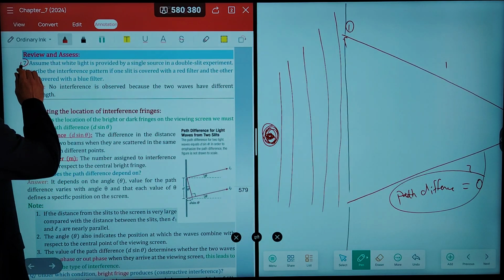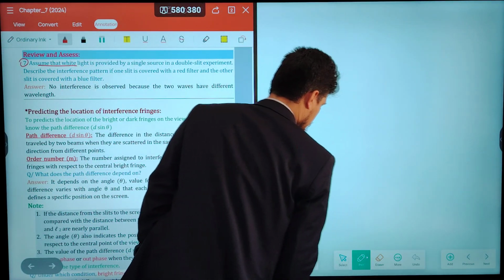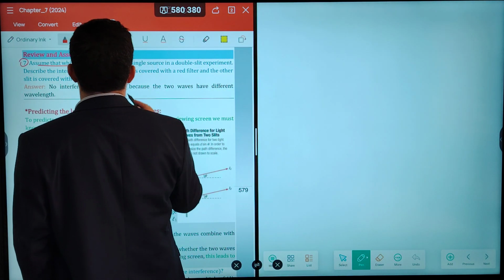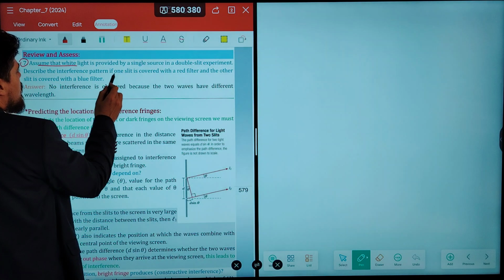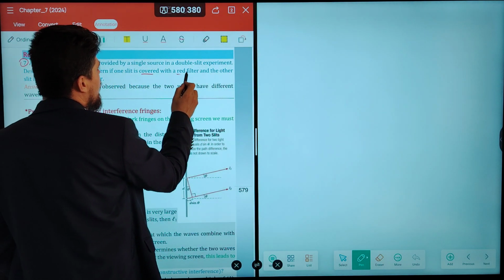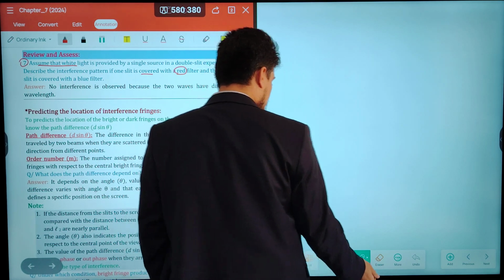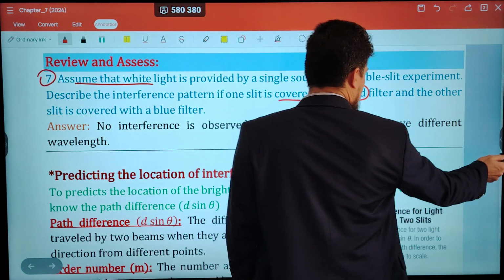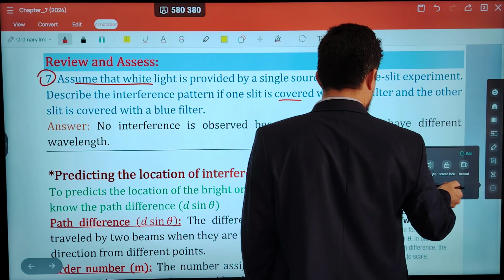Question number 7. Assume that white light is provided by a single source in a double slit experiment. Describe the interference pattern if one slit is covered with red. Look, assume that we have white light. Let's change the background of the whiteboard.